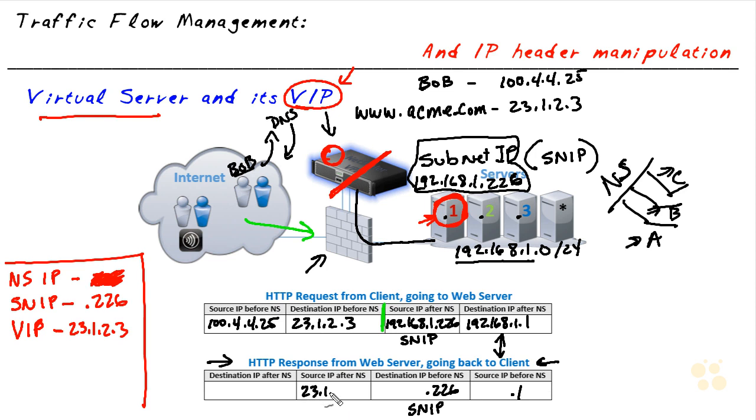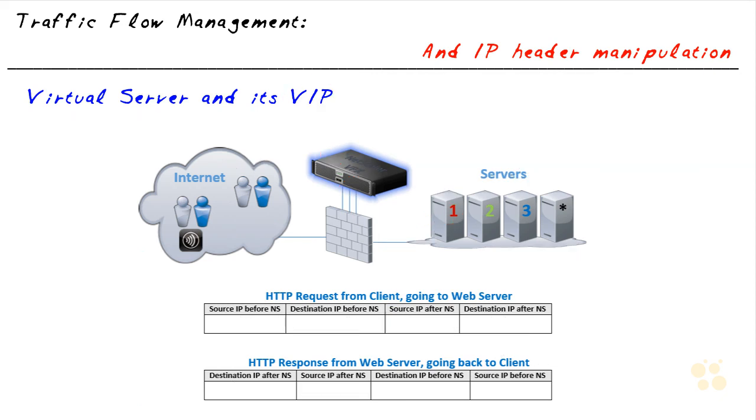So the source address is going to be 23.1.2.3, and the destination address is going to be Bob's address, or those servers back out to those users.